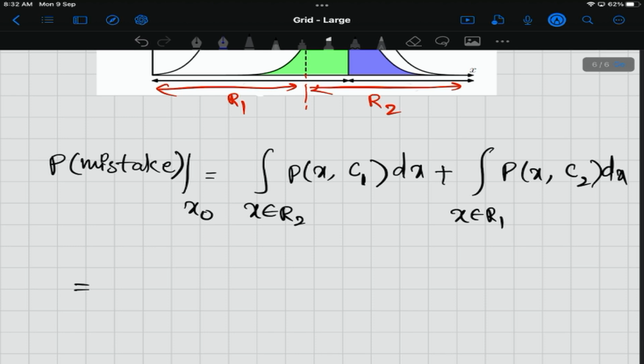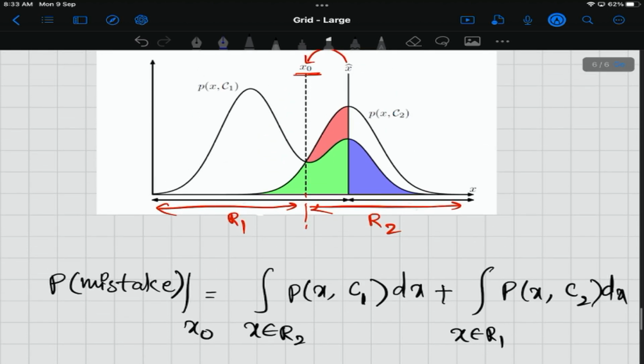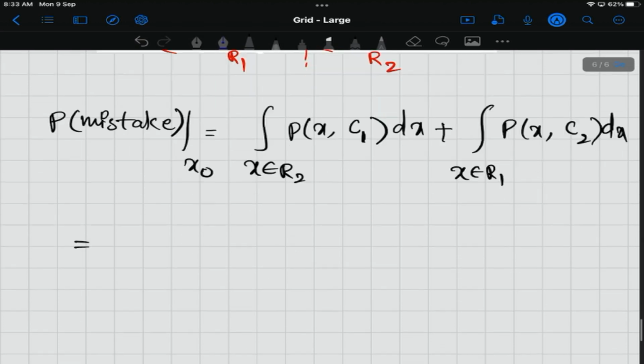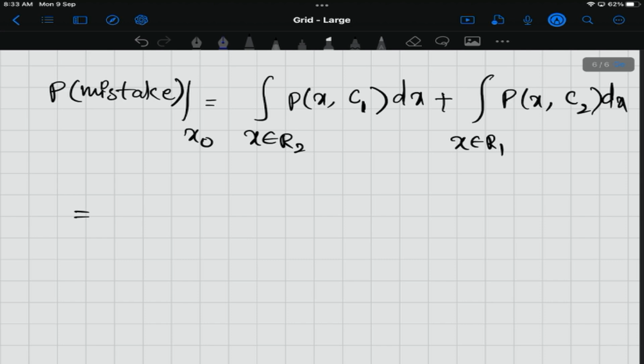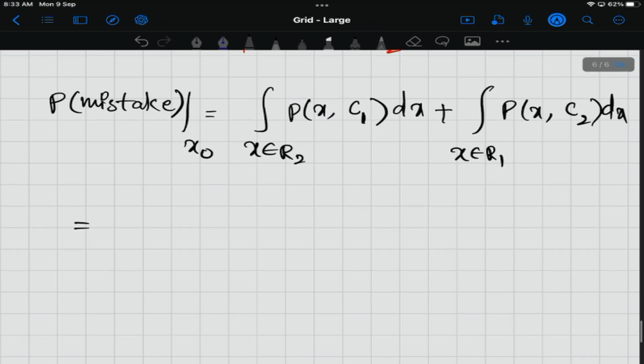Okay, so now can you tell me, we have given the notations, no? This as A, B, this is C and D. Now can you tell me the probability of mistake in this case where I am using x naught as the separating hyperplane? What happens to my probability of mistake? What happens to this first term?